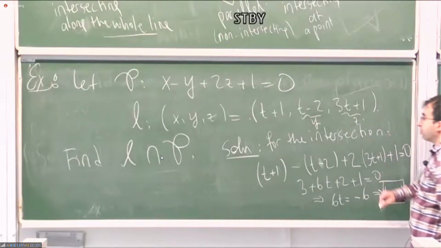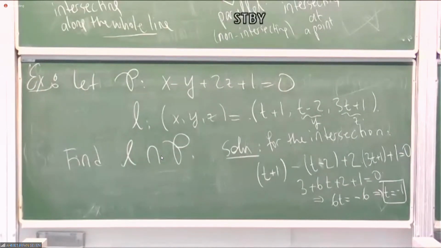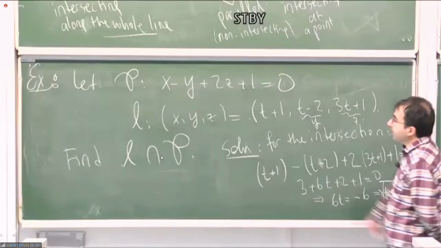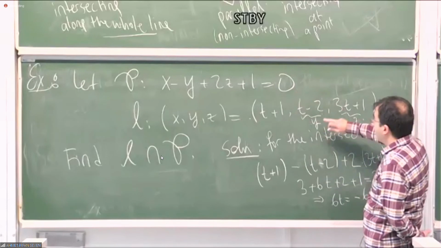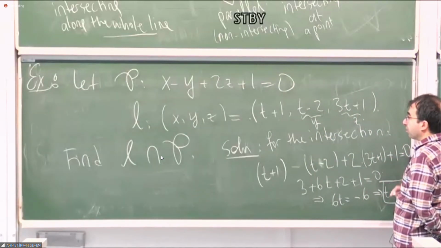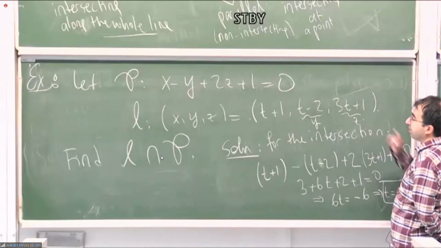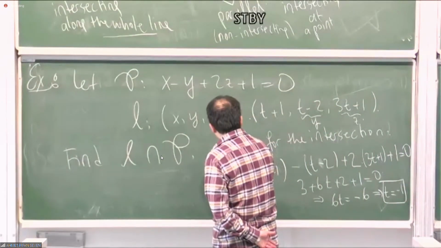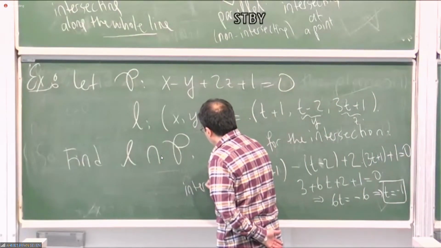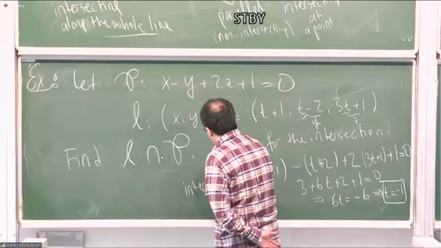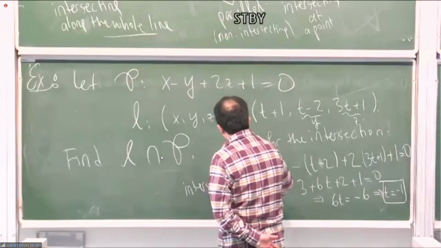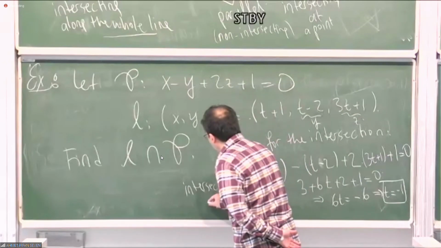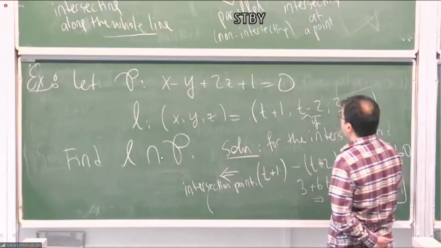Okay, so I got that this intersection will occur when t is equal to -1. Okay, so what is the point then, the intersection point? Then the intersection point will be, so I'm going to put t equals -1 in here.